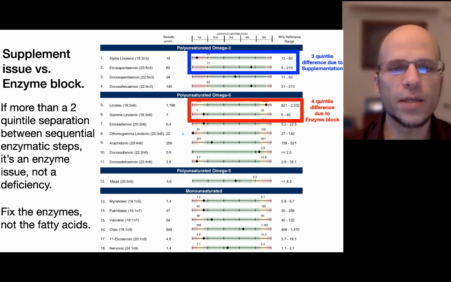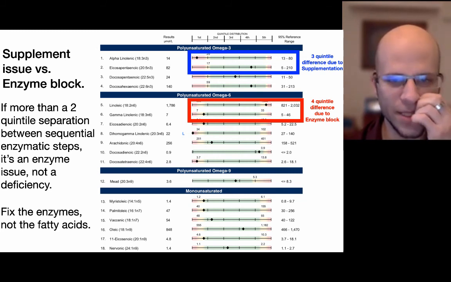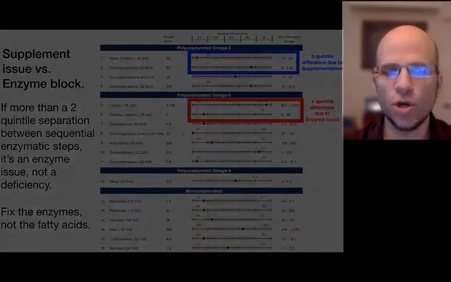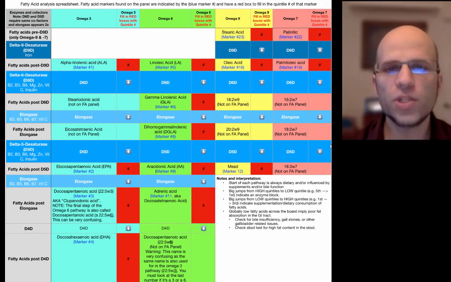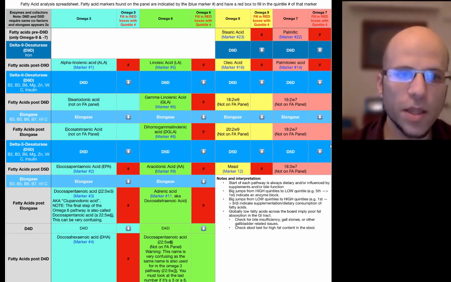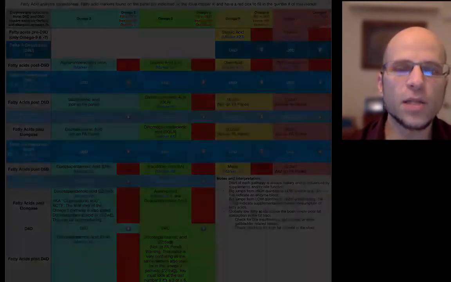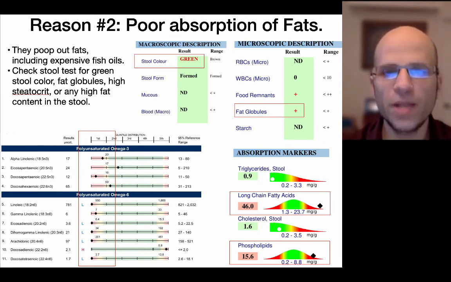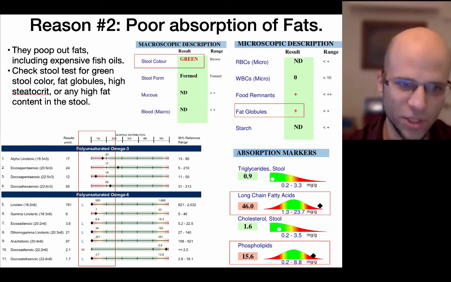There's looking at the omega-3s and the omega-6s, the omega-9s, and the omega-7s in terms of the enzymes, and that's really what this chart is for, to determine: is someone over-supplementing or is there an enzyme block? Then we look at whether we have an indication globally that there is low fatty acid absorption, which is a massive issue to be corrected, and it's a gut issue, not necessarily a fat issue.